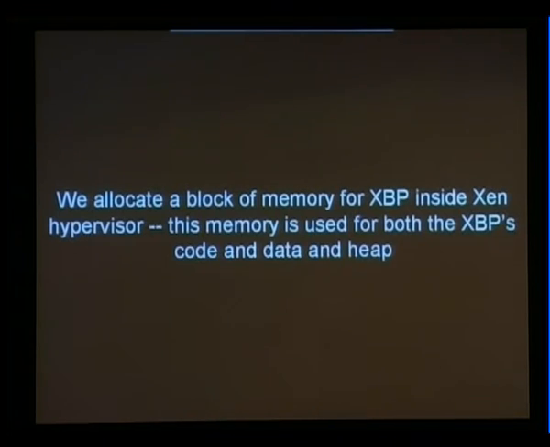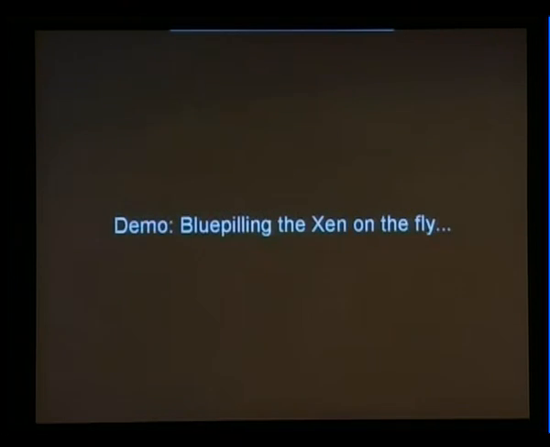It's just used in the beginning of the boot process of the Bluepill, in the beginning of the initialization process. It just allocates a few memory blocks for VMCB structures, or VMCS structures in case of Intel, and it's not used on any VM exit after. So I'll show you the demo of this attack.